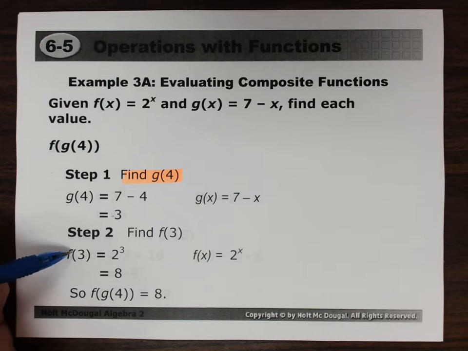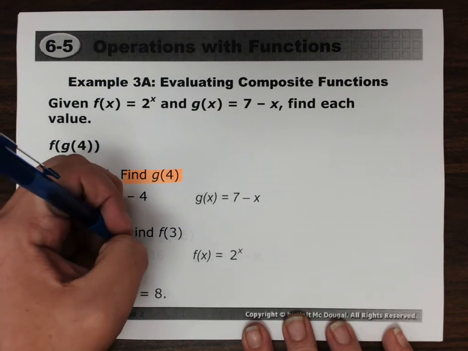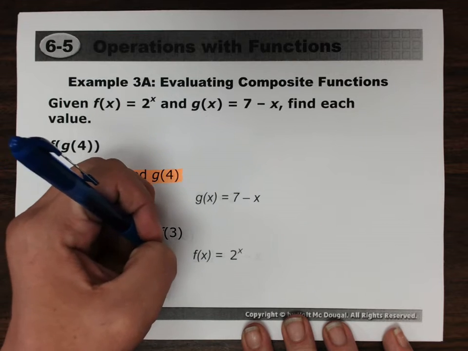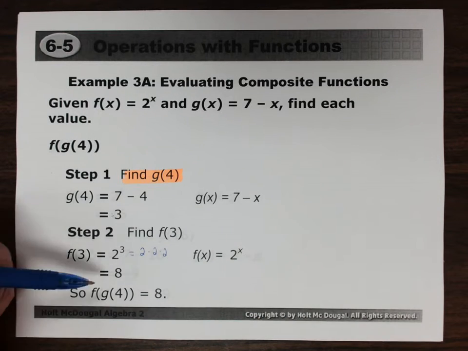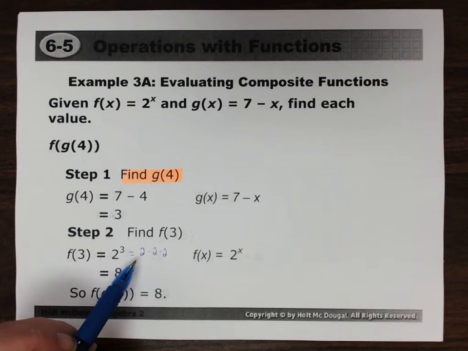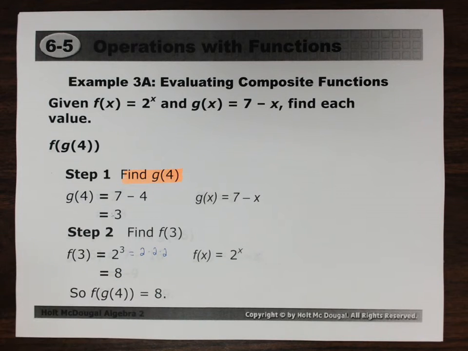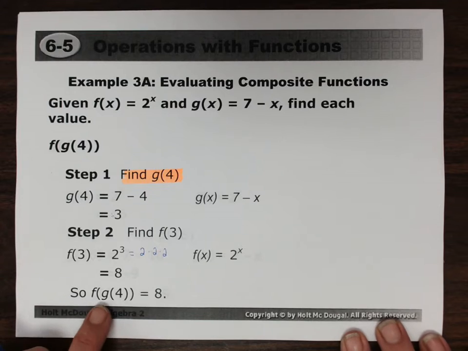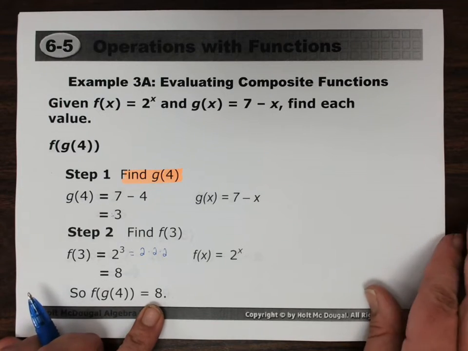If we plug that in, f of 3, 2 to the third power is the same thing as 2 times 2 times 2. Recall that that does not mean 2 times 3, it means 2 times itself 3 times. And we get 8 as our final value. So f of g of 4 is equal to 8.